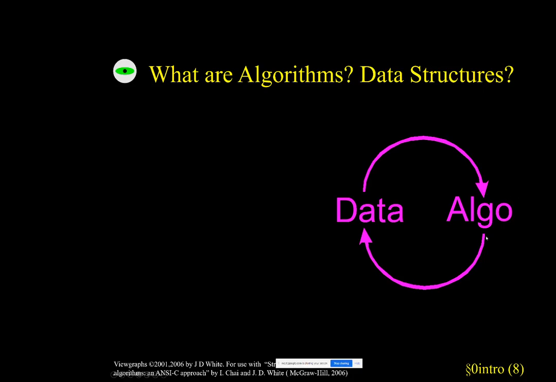The way your algorithm is made is going to influence how you want to structure your data. So it's sort of like a chicken and an egg. Which comes first? How do I structure my data, or how do I write my algorithm? Because each will affect the other.